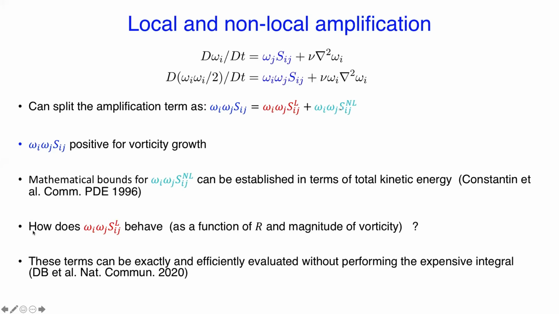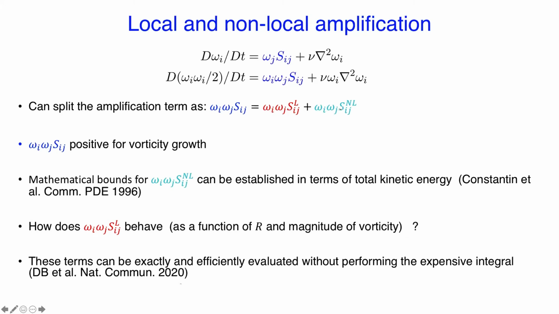What remains to be done in solving the regularity problem is figuring out what this local contribution does. So that is what we set out to do: get this local contribution term as a function of r and also the magnitude of the vorticity.